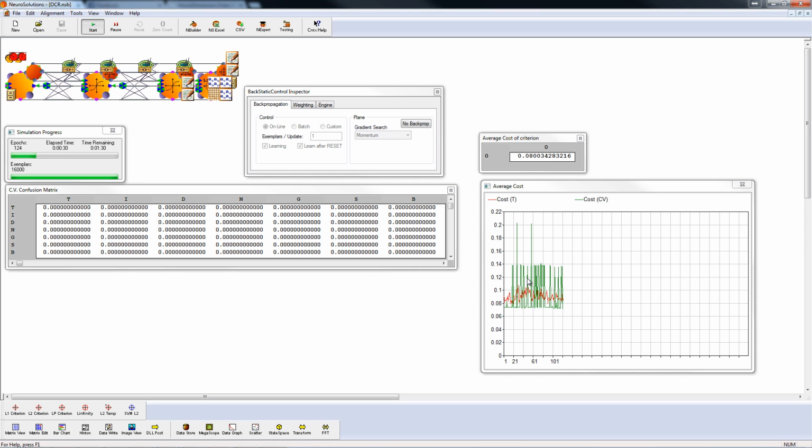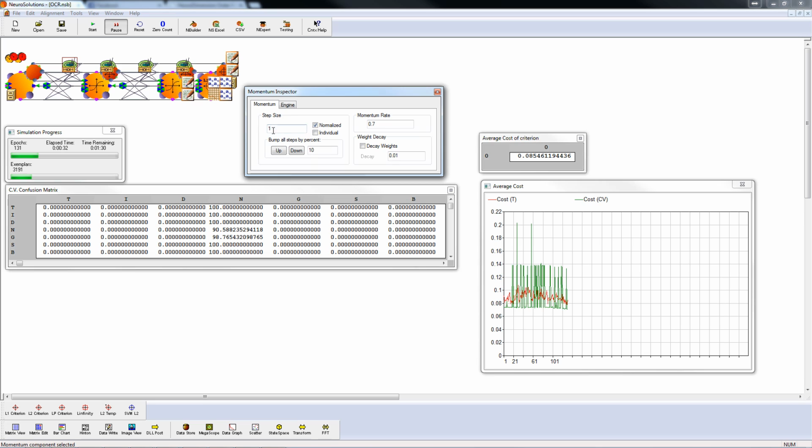To adjust this, let's go ahead and pause this network, and we'll bring up the properties for the momentum component. By default, the step size was set to 1, but we want to reduce this by 90%, which is also a factor of 10. And this will affect all of the momentum components.